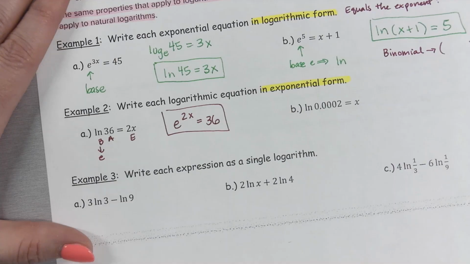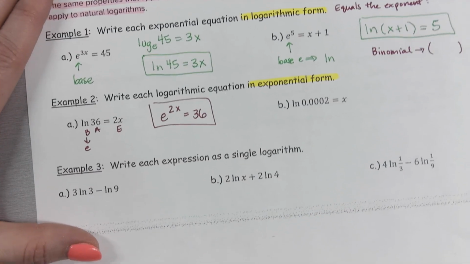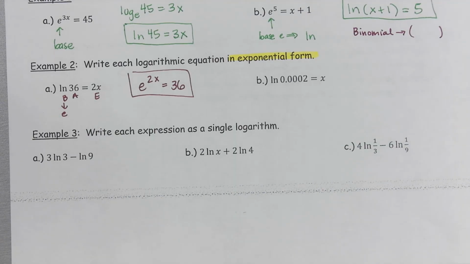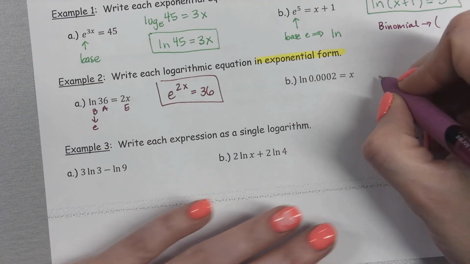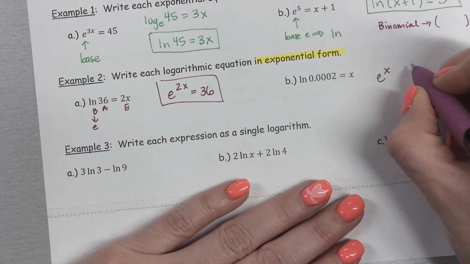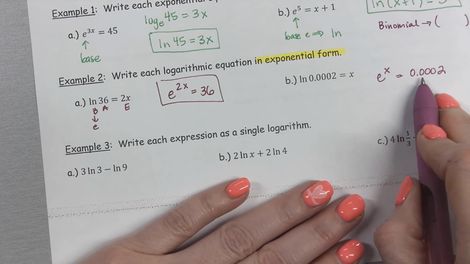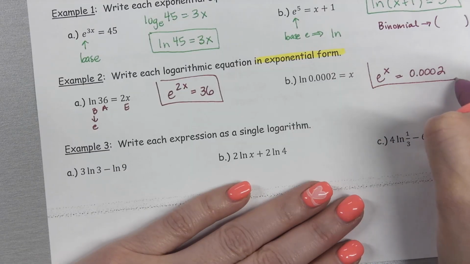Your base is e anytime you have the natural log. Go ahead and do part B if you haven't already, and then let me know what you get for part B. Yes, so your 3 zeros between the decimal. Okay, great.